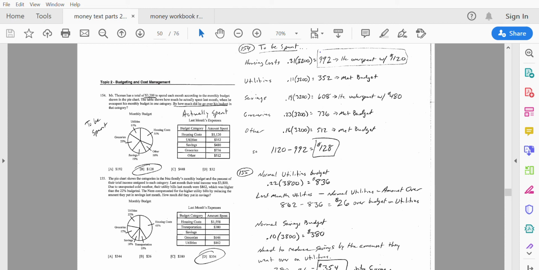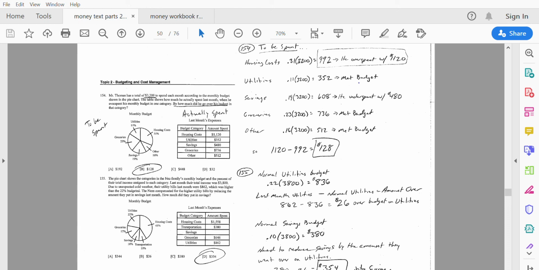Now again, this is the budget of how much he should spend. Now you see he actually spent over, and that's what we're looking for, where did he overspend. So his housing costs are more, he actually spent more than he was budgeted for. Again, I went through and showed you how to find all the other ones just in case.